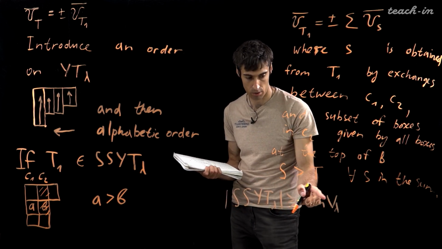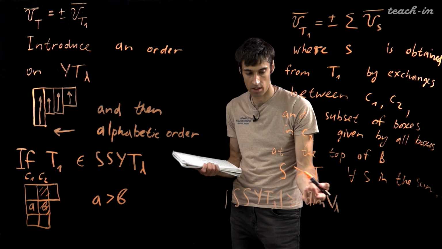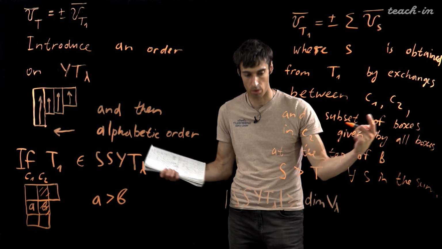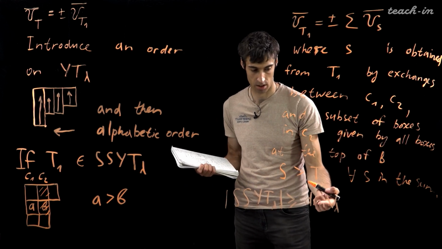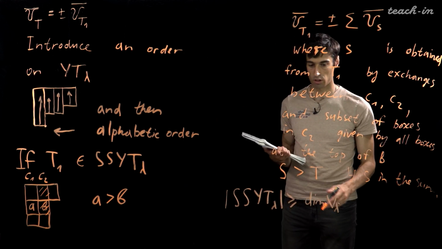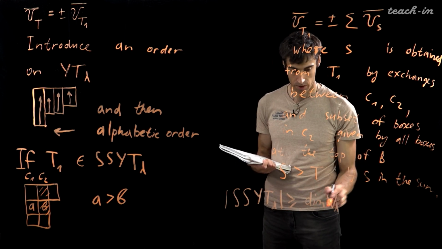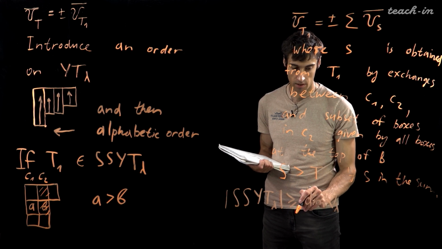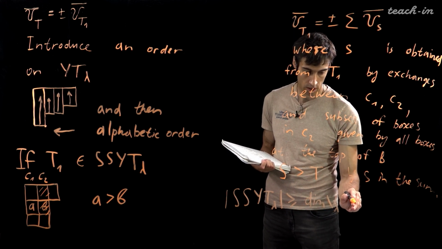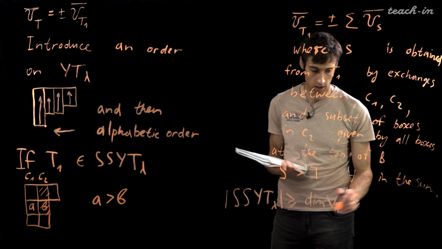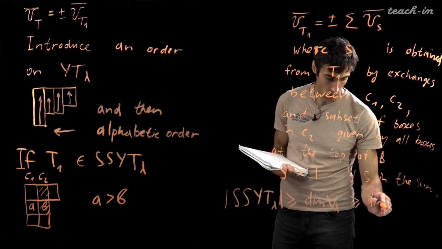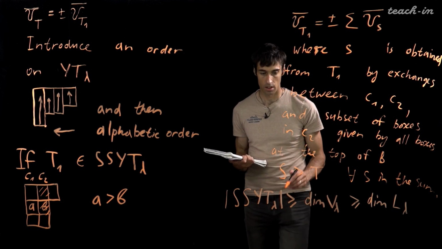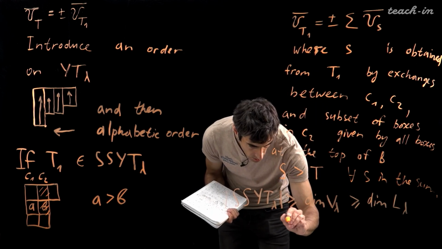If it's a basis, then the dimension is equal to this. Maybe it's not a basis, we have more vectors there, then the dimension is smaller. So this follows from the proposition. On the other hand, we know that L lambda sits inside V lambda. Therefore, this is greater than or equal to the dimension of L lambda. Right? So this is by the proposition.